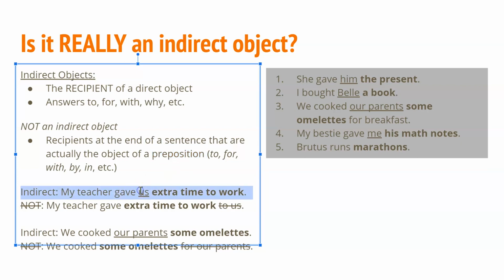A correct sentence with an indirect object would be, my teacher gave us extra time to work. Teacher, subject, gave. Gave what? Extra time to work. Who's the recipient of that time? Us. So that's the correct version. It would not be an indirect object if I said, my teacher gave extra time to work to us.